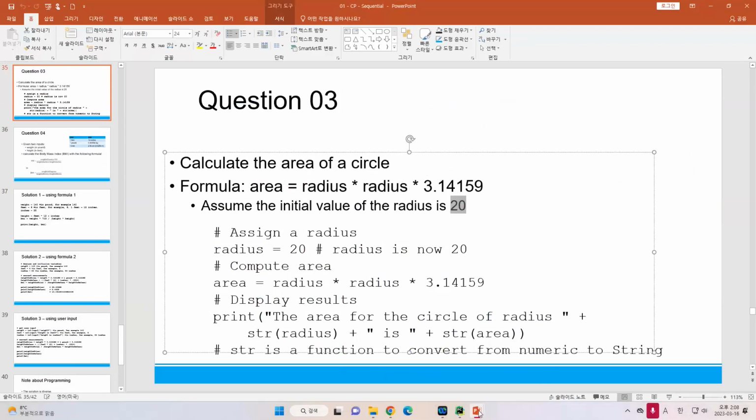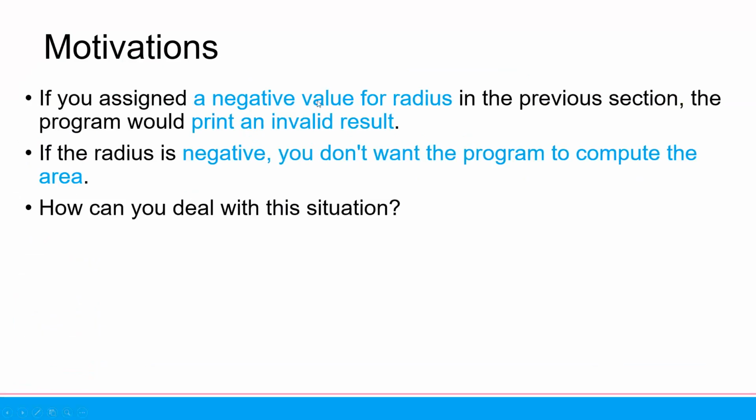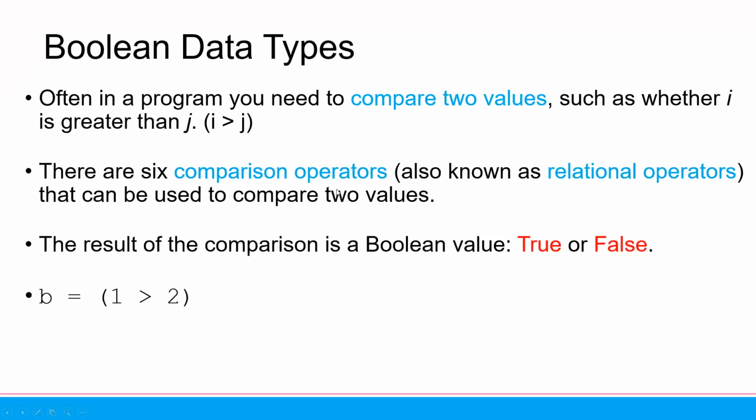If the radius is negative, you do not want the program to compute the area. So how can you deal with this situation? You need to have Boolean. Boolean means you need to check a comparison.